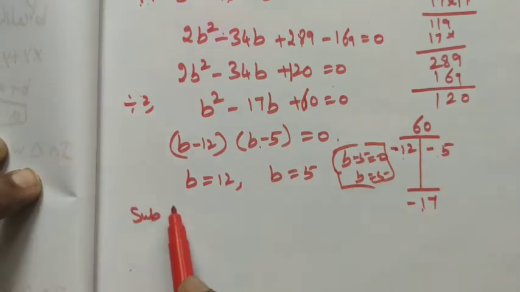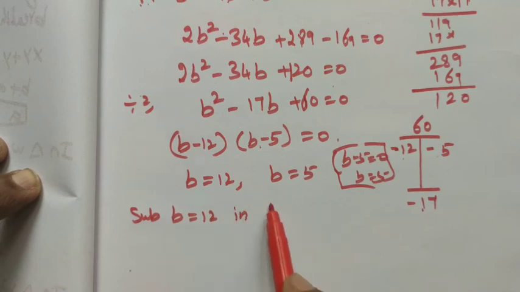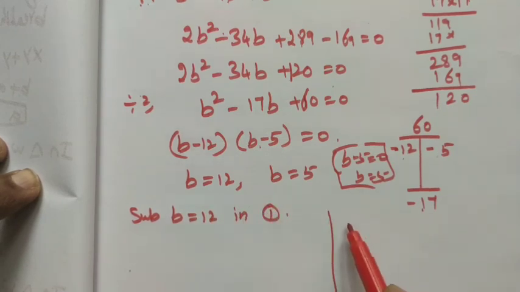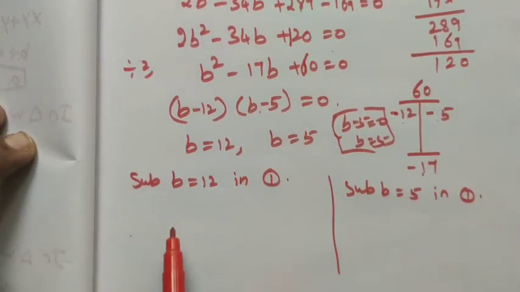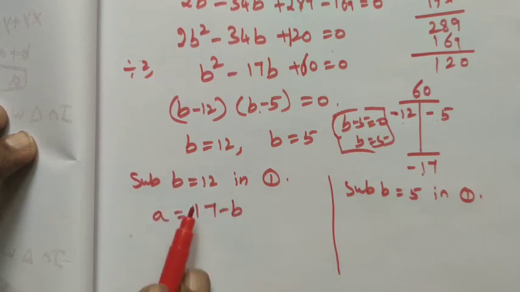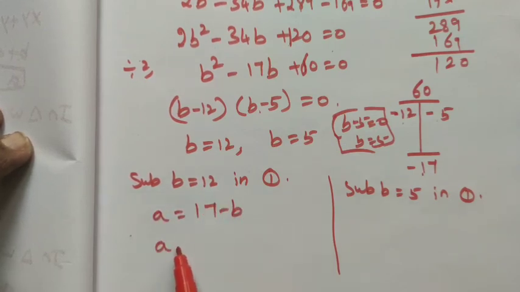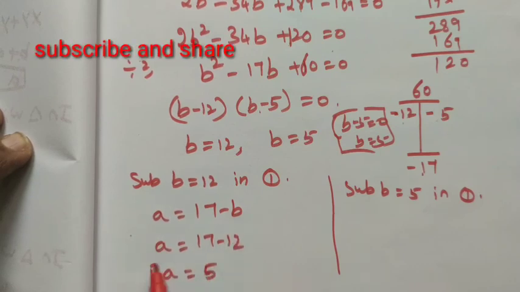Substitute B is equal to 12 in equation number 1, and also substitute B is equal to 5 in equation number 1. The first equation is A is equal to 17 minus B. In the place of B, A is equal to 17 minus 12, that is A is equal to 5. When B is equal to 12, A is equal to 5.